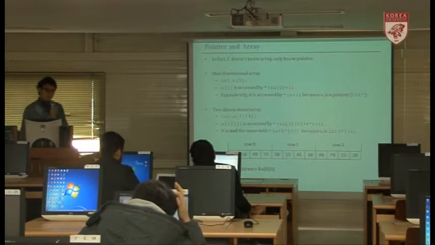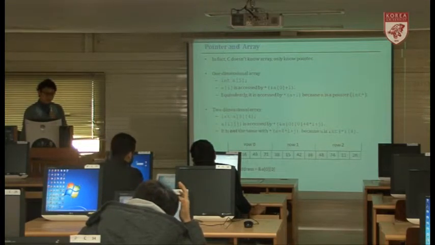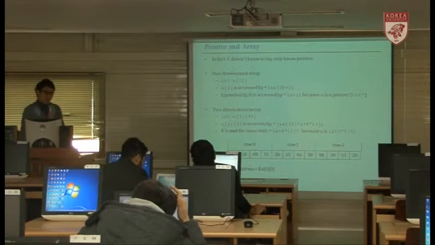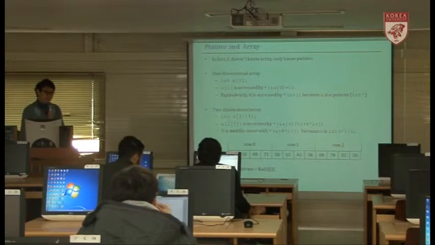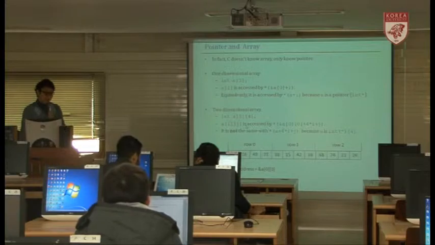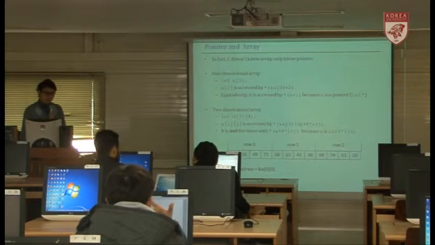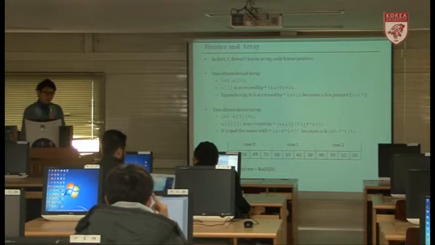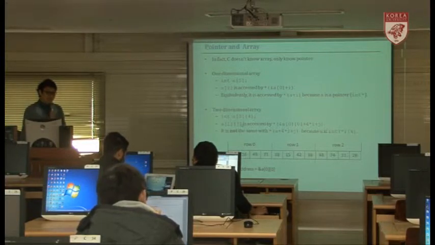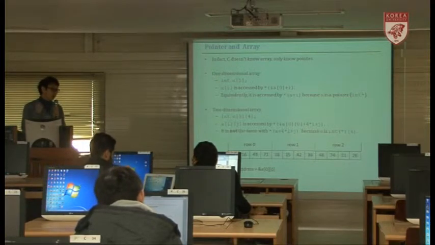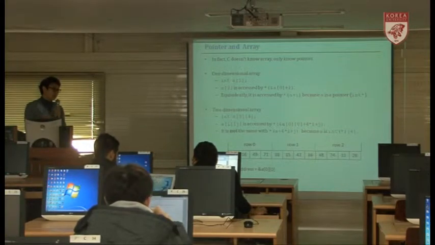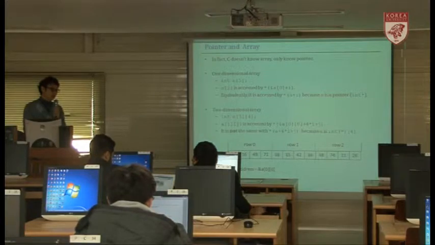So basically, because they are in a row, when we say A[i][j], it is accessed by the memory starting point, the starting point of A[0][0], plus 4 times i plus j. We simply use A[i][j] to access the value of this two-dimensional array.